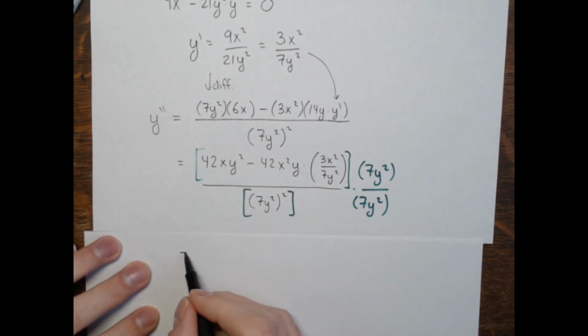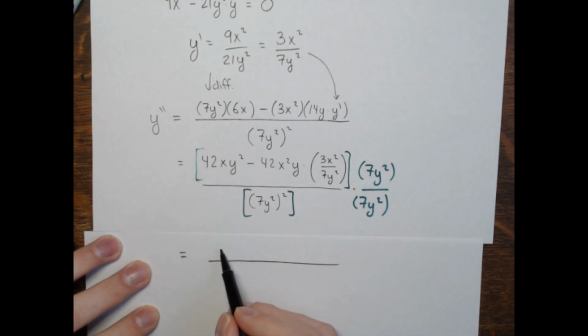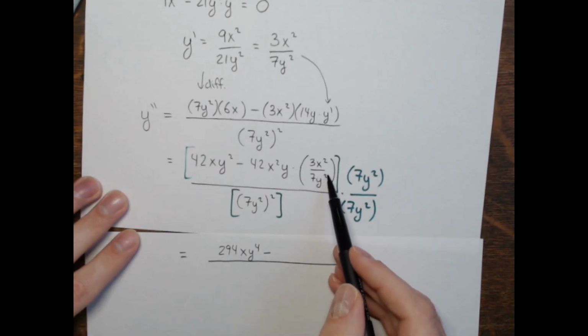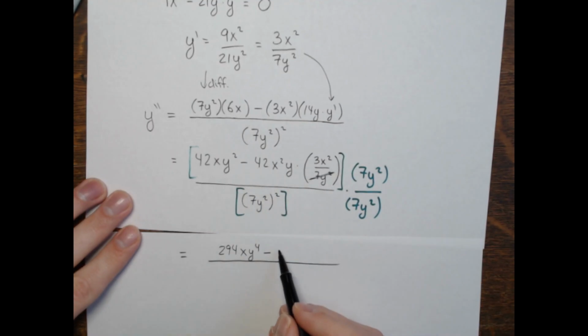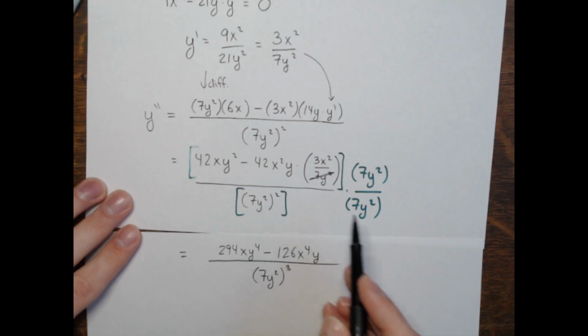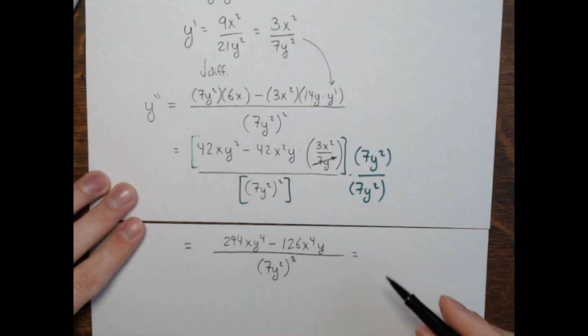All right, so up top, got 294xy to the fourth, minus, and then again the 7y squared will be gone in this next one when I multiply it. So you got 126, 3 times 42, 126x to the fourth y. Down here it would just be 7y squared, cubed. But both of these had this 42 in common.